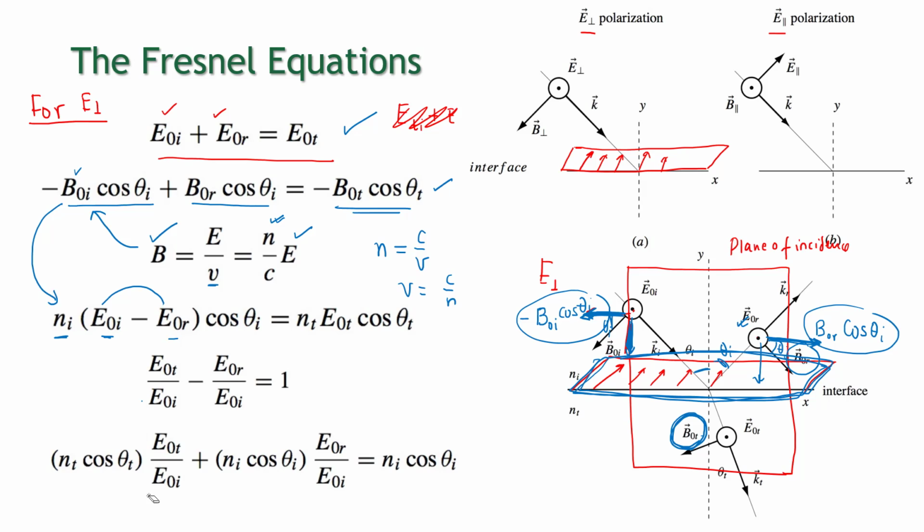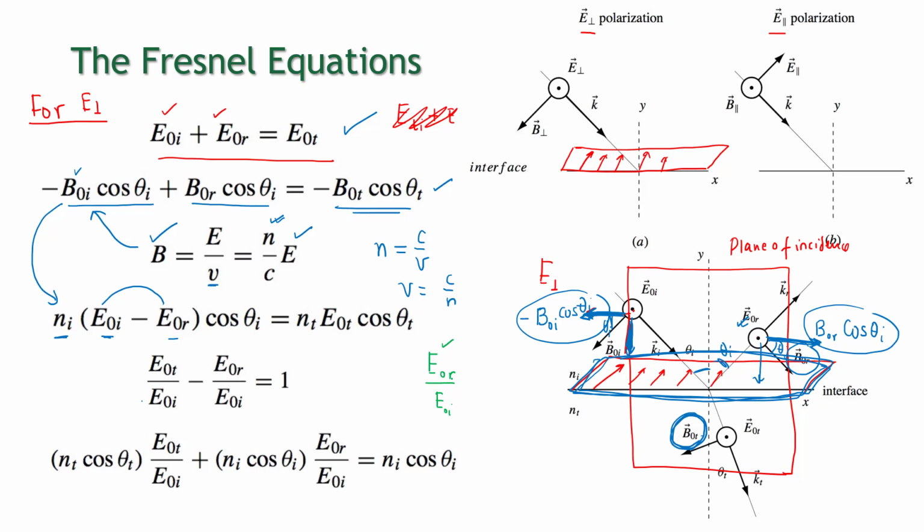Does that make sense? I'm just multiplying both sides by a negative sign, and then you get rid of the negative here, that becomes negative, that becomes positive. The purpose here is to get the ratio of the magnitude of E0R over E0I.